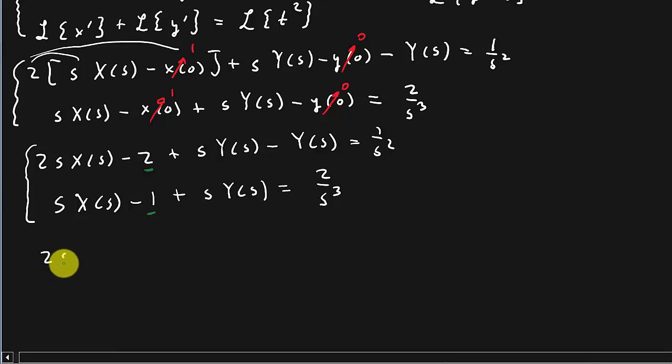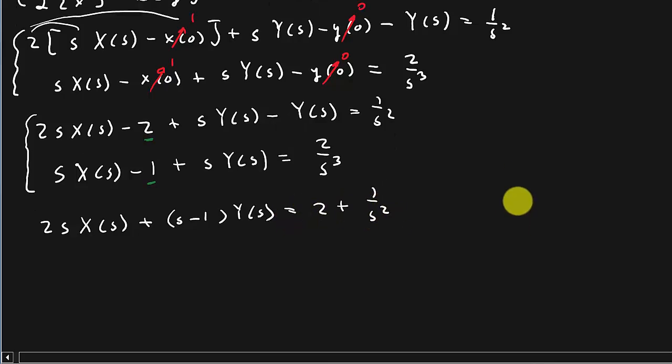So that's going to give me 2s times capital X of s plus s minus 1 times capital Y of s. See, I grouped these two together and factored out a y of s. And that equals 2 plus 1 over s squared.